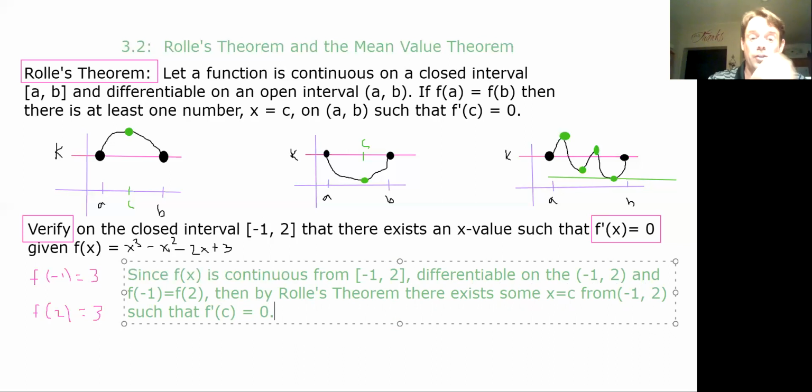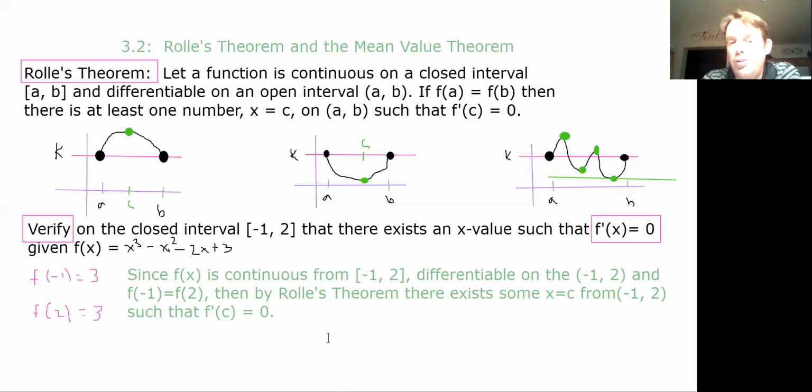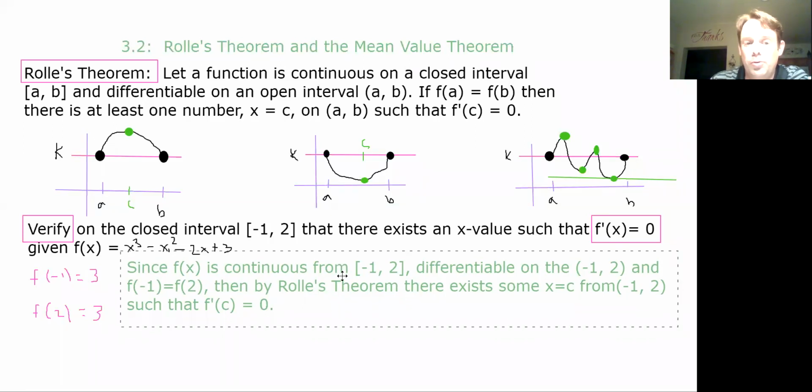Again, we don't know what it is, but we know it exists. Notice the statement is really close to our statement for the intermediate value theorem. It's really close.